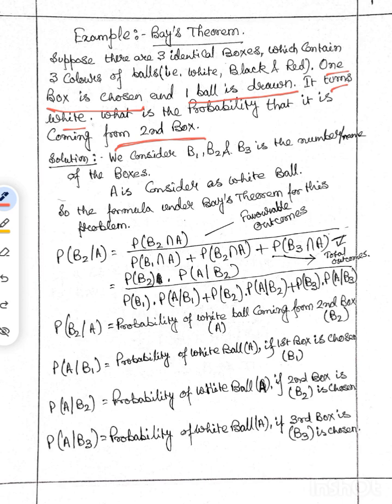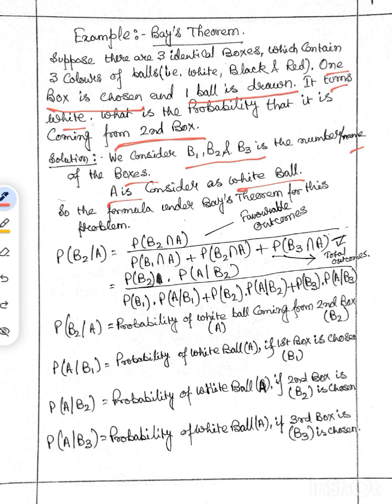Here we consider B1, B2, B3 as the names of the boxes, and white ball is considered as A. So the formula under Bayes theorem for this problem is P(B2|A) equals P(B2 ∩ A) divided by P(B1 ∩ A) plus P(B2 ∩ A) plus P(B3 ∩ A).